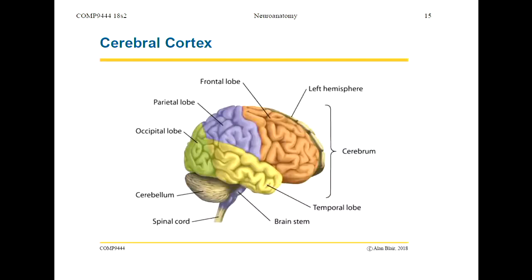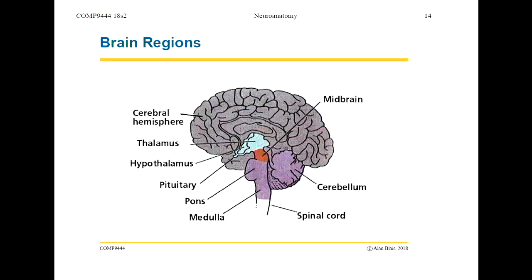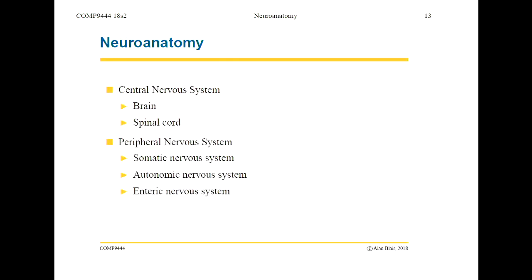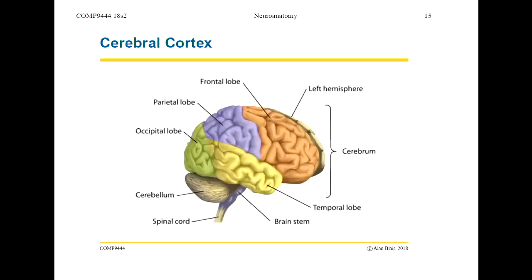Our nearest relative is the chimpanzee, and famously the DNA of a chimpanzee is 98% the same as a human. If you look at the brain, it's somewhat similar as well, but the chimpanzee wouldn't have this cortex, or it wouldn't be nearly as big as it is in the human. So it's this whole outer layer of the brain. Our brains are bigger than those of other animals because of the cortex.